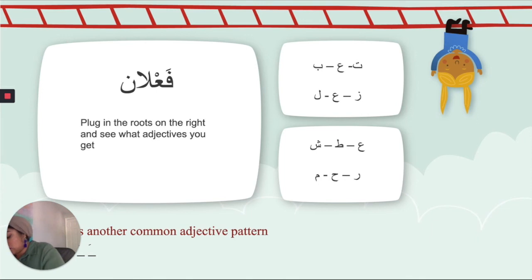I'm going to write it here and then I'll share my screen. I've given you al-wazn, fa'alan. This is the pattern. And now I'm giving you 4 sets of roots that you're going to plug into the pattern, and you're going to tell me what those words are. When you plug those in, what word do you get?